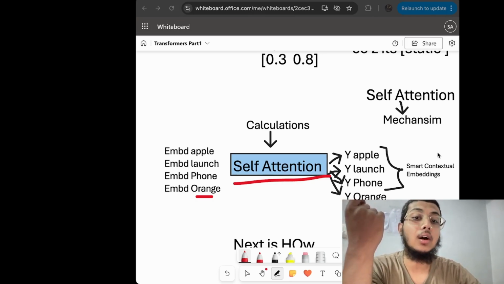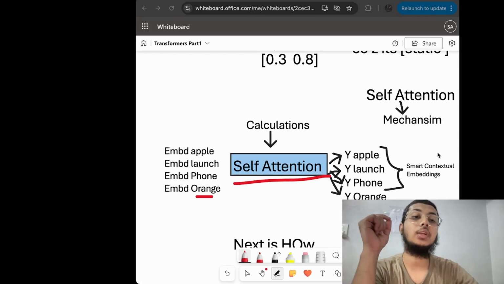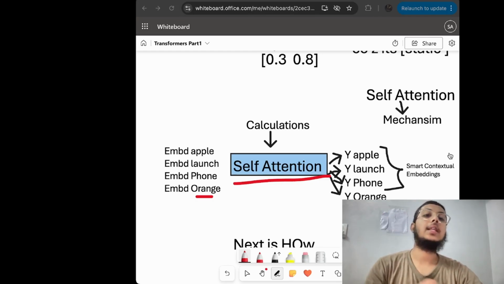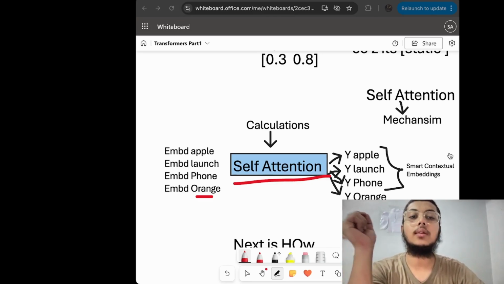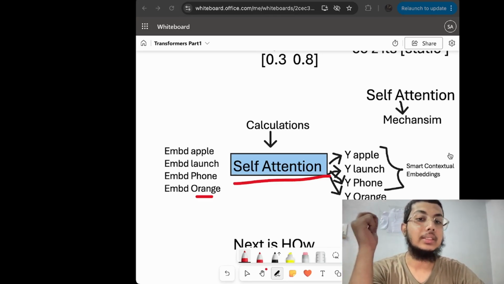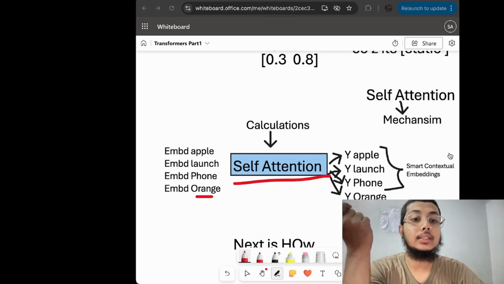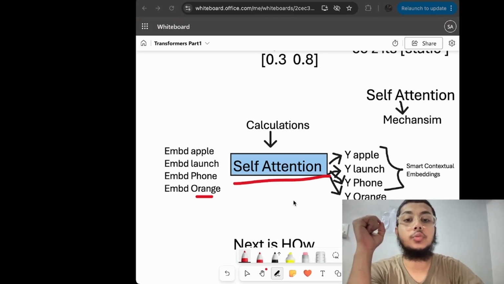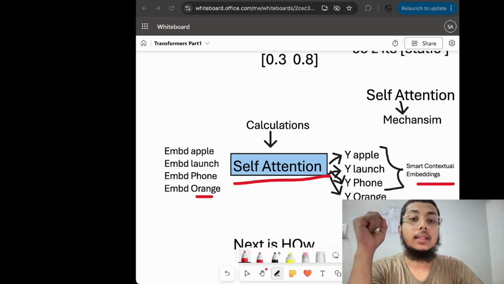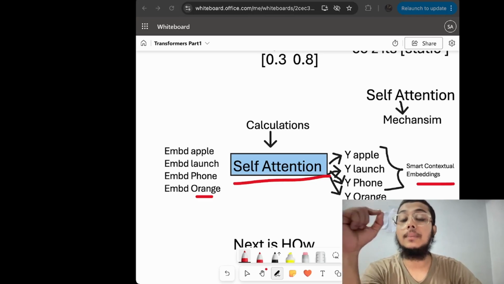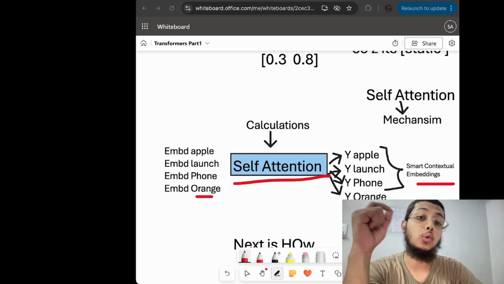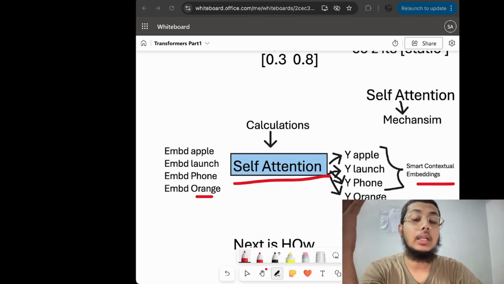These output embeddings are actually smart contextual embeddings, and they understand in which context a particular word is being used. Then you use this further in architectures like transformers.